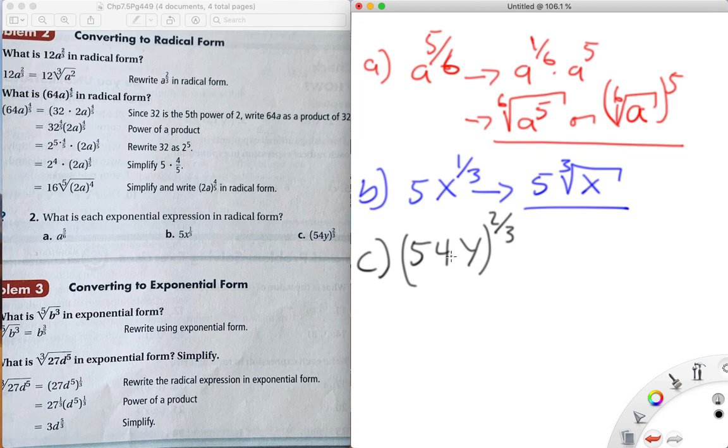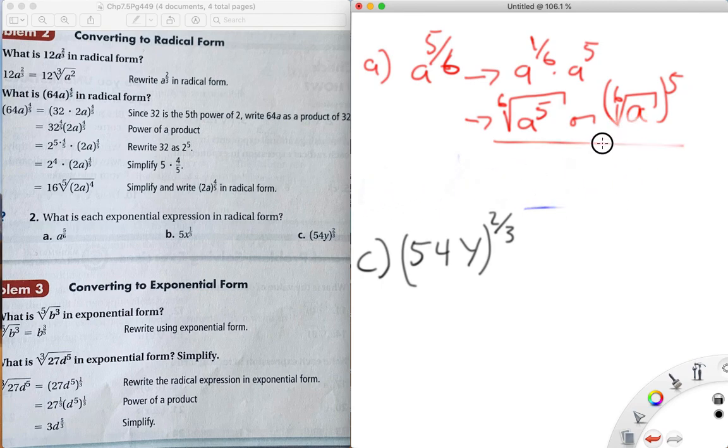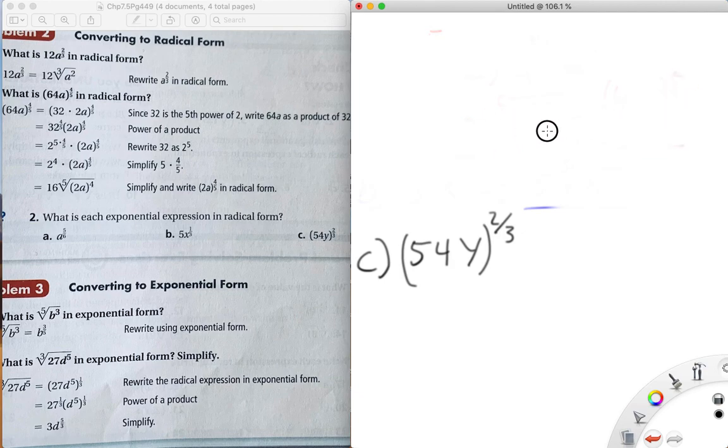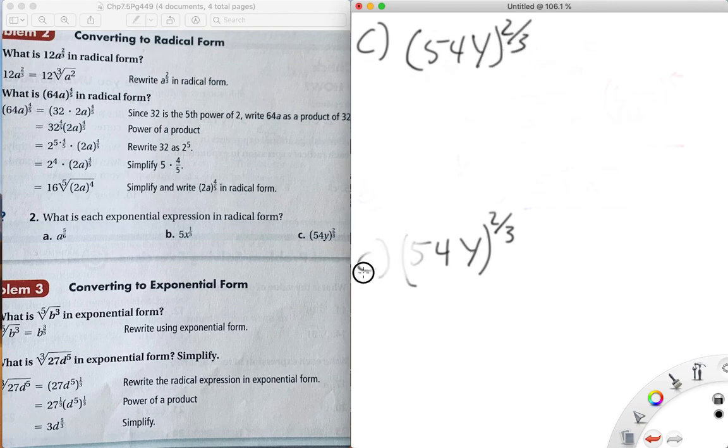But if I was to divide 54 by 2, I can say that 54 is equal to 2 times 27.